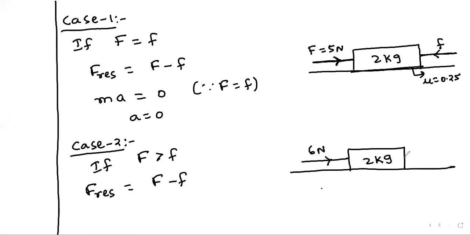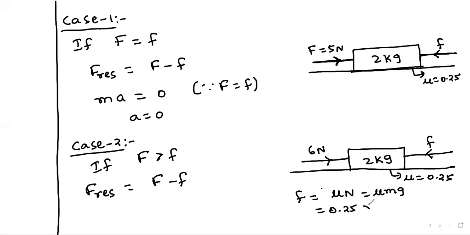Here we have a frictional force, with mu the same, 0.25. Frictional force means mu times N, that is mu mg, which is 0.25 into 2 into 10, that is 5 Newton.